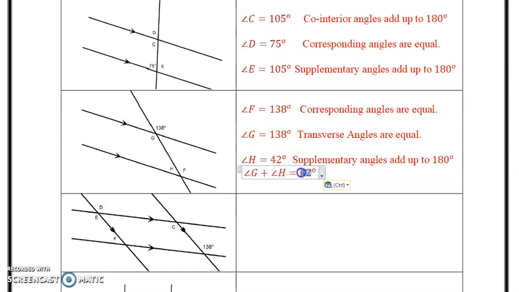I'll put a little note in brackets there, because I used the supplementary angle to get H. There's no direct 138 to H. Now some people would say, I just know it's 42 and that's great, but that's just some of the reasoning there. So I'll just be mindful of that and put that in brackets.